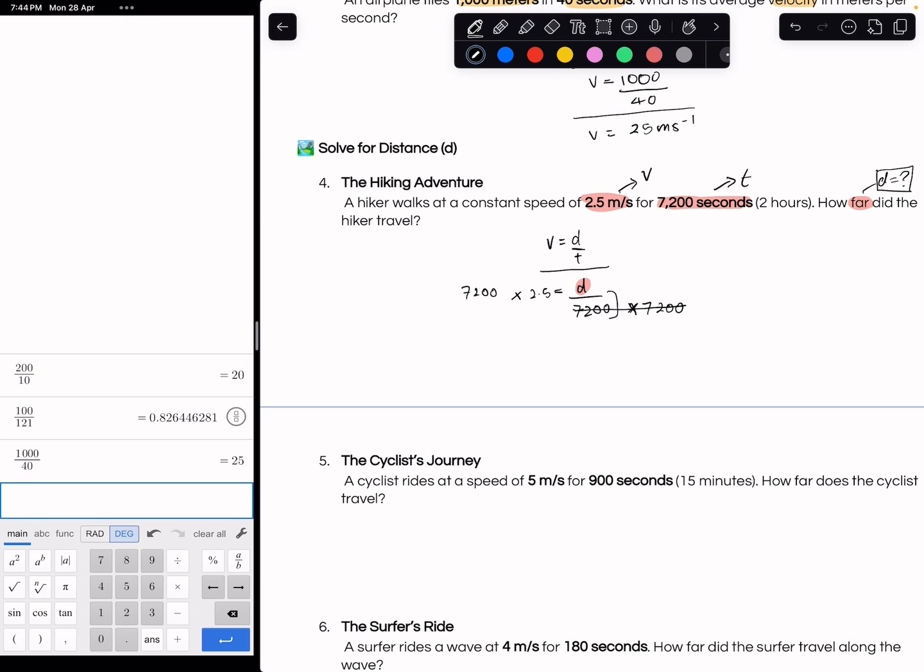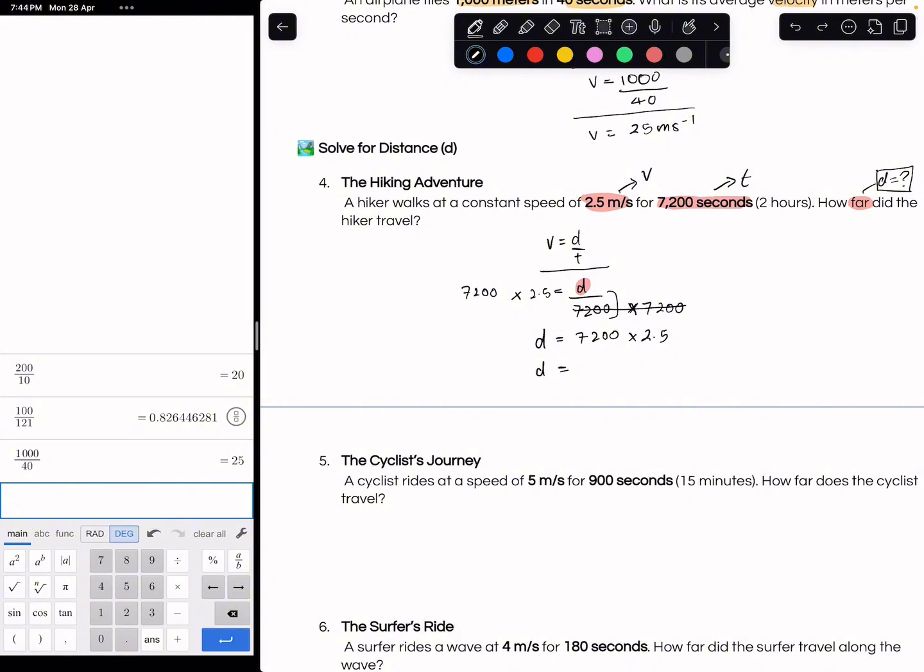And if I were to rewrite this equation, what we have is distance, I'm writing it back to front a little bit, but it's the same thing, distance equals 7,200 times 2.5. All I have to do now to find out the distance is plug this into my calculator.